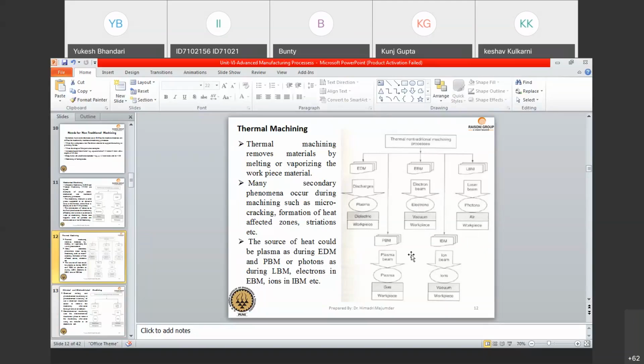Then in PBM, plasma beam machining, plasma is used, and the workpiece should be in a gaseous environment. Then in IBM, an ion beam is used, or you can say ions are used, and again the workpiece should be in vacuum condition. So these are, in general, a little classification of thermal machining.